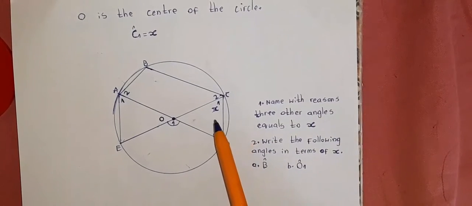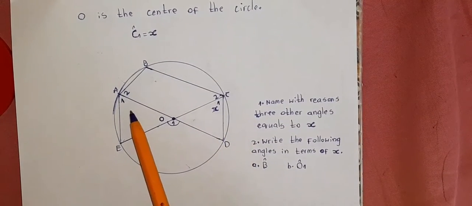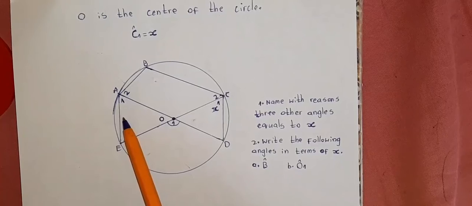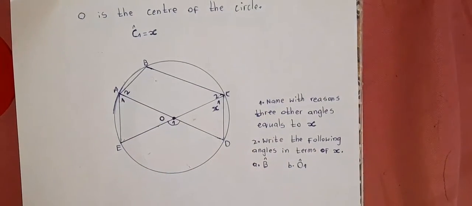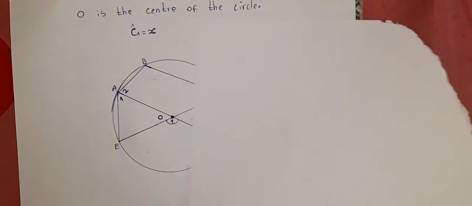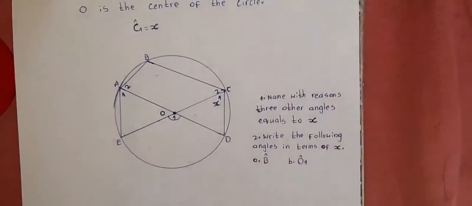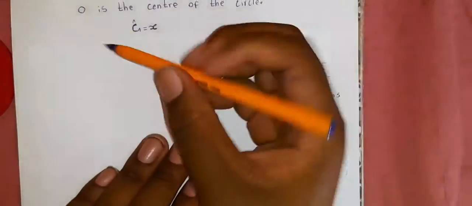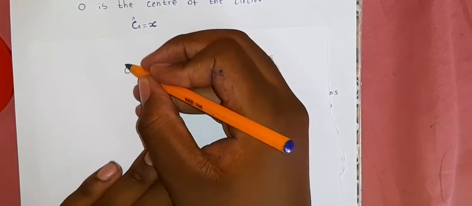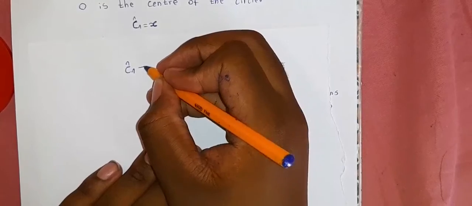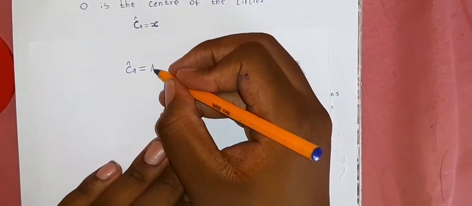Well, we can see that angle C1 is equal to angle A1, and the reason for that is angles in the same segment. So we can say angle C1, or angle x if you want to say, is equal to angle A1.